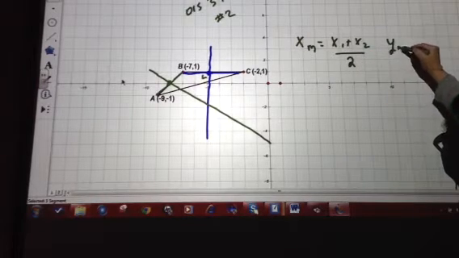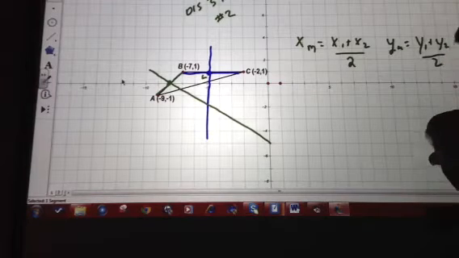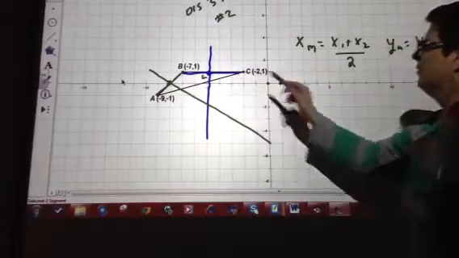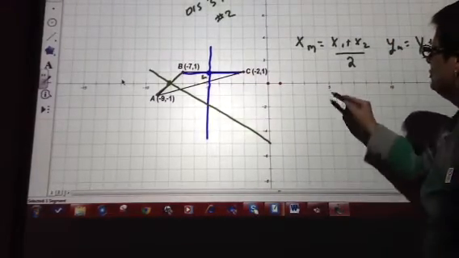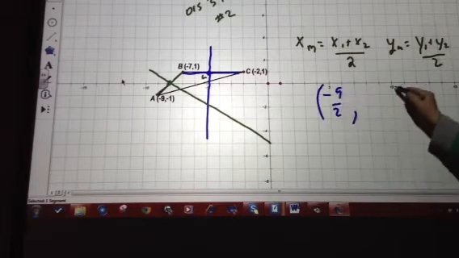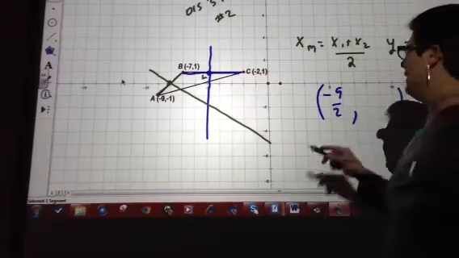The y-coordinate of your midpoint would be the average of the y-coordinates of the endpoints. So for BC, I'm taking -7 plus -2, which is -9, divide by 2, I get -9/2. For my y-coordinate, I would take 1 plus 1 divided by 2, and that's 1.